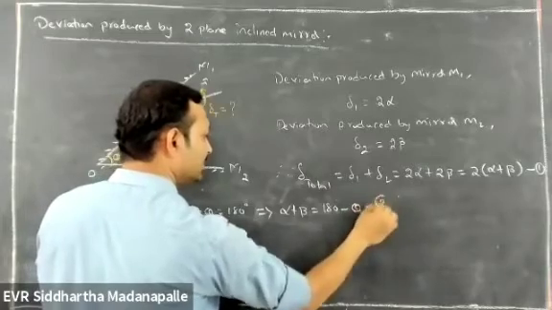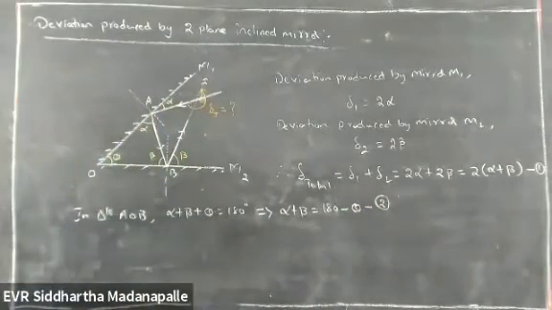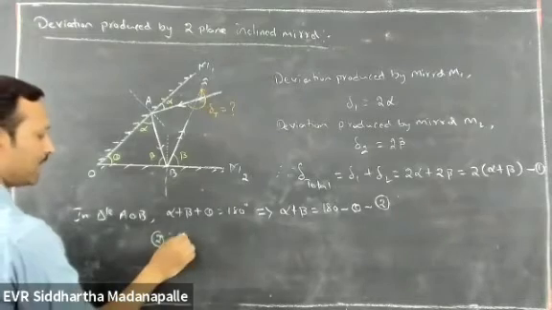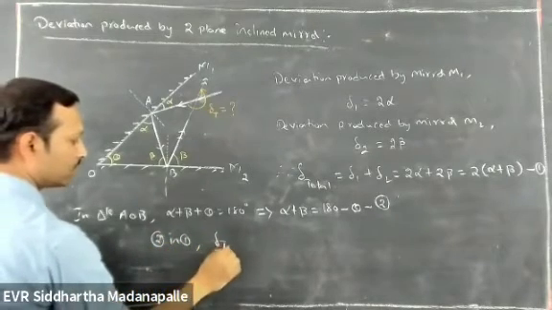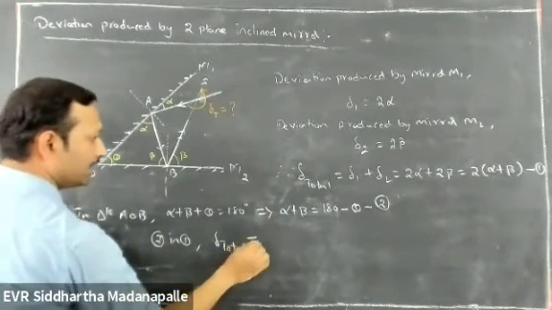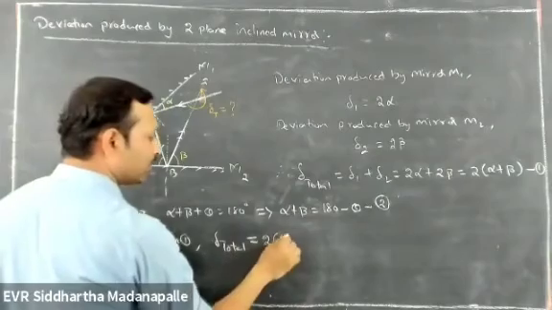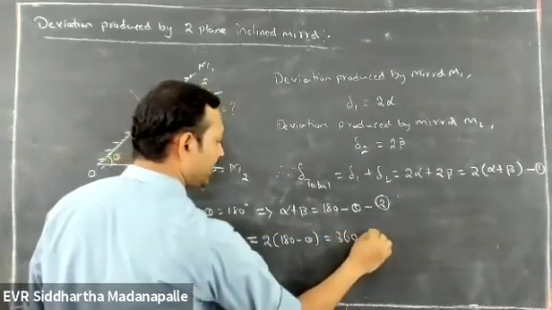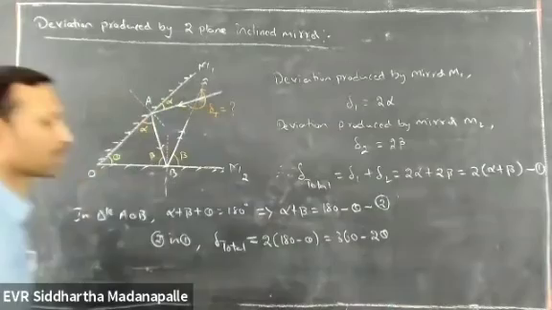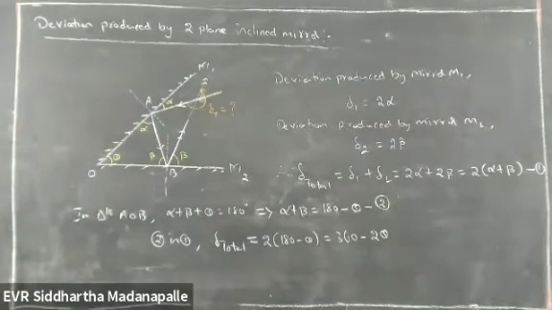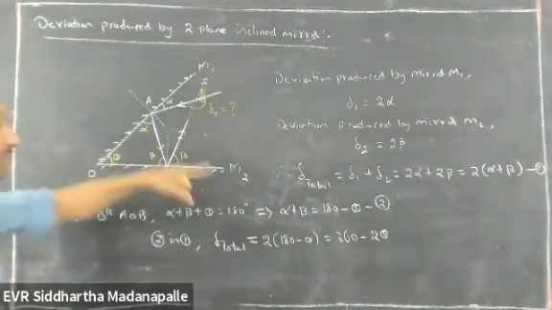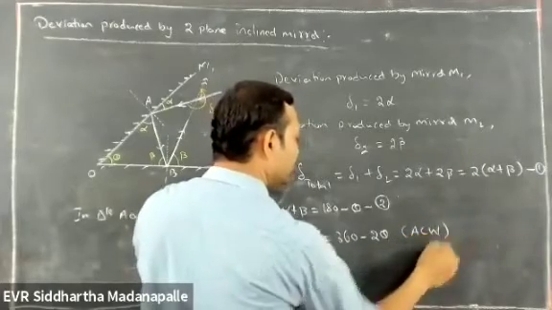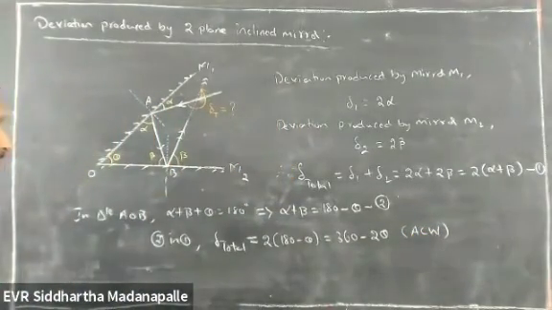Let us consider this as equation 2. Substituting equation 2 in equation 1, we get the total deviation equal to 2 times (180 minus theta), which is 360 minus 2 theta. It is in the anti-clockwise direction. Remember, anti-clockwise direction.